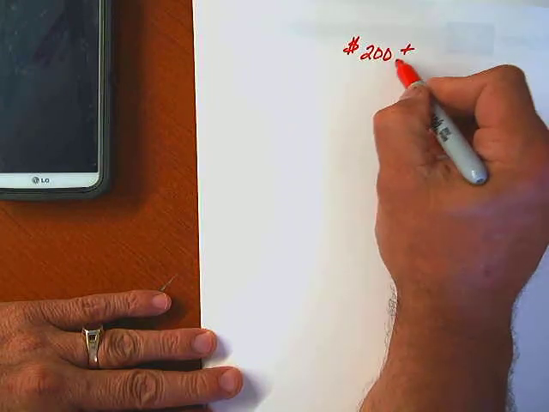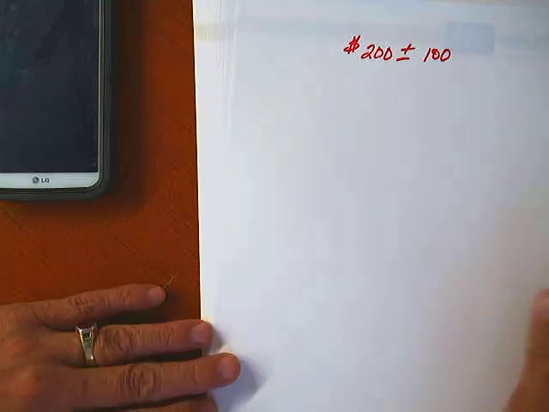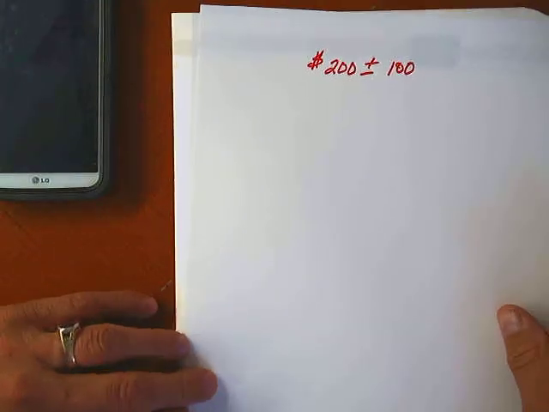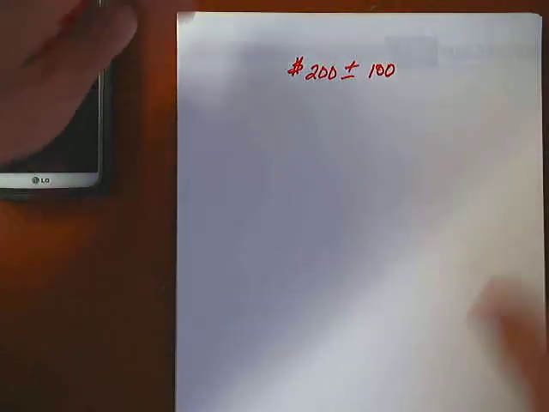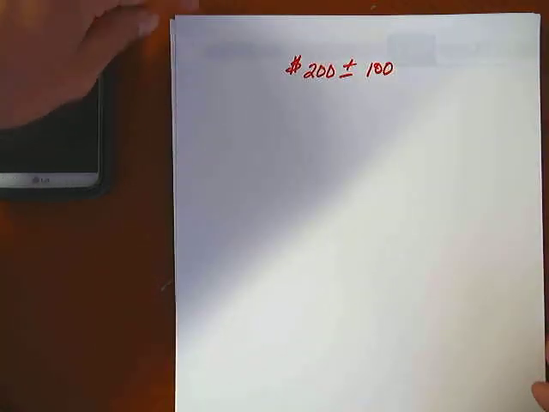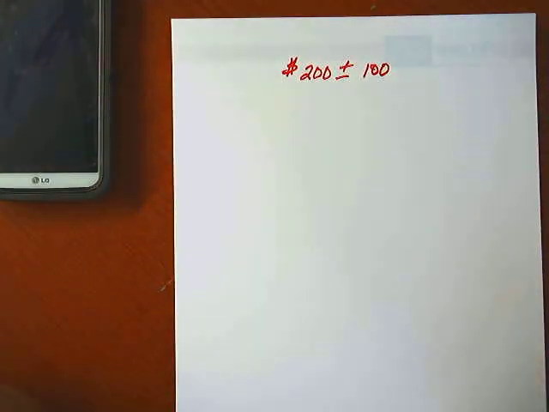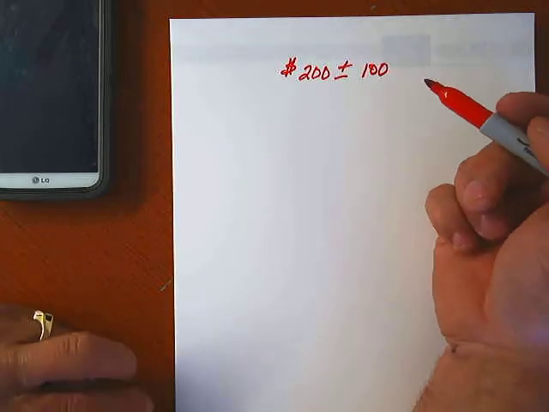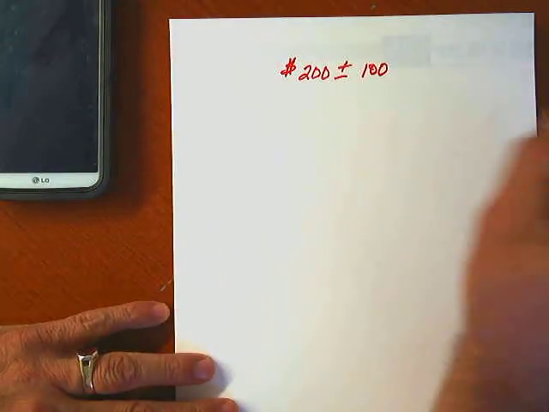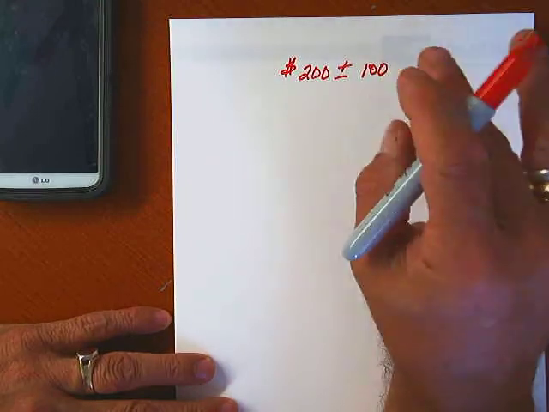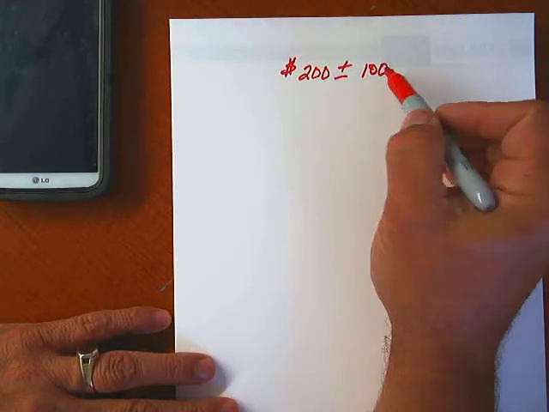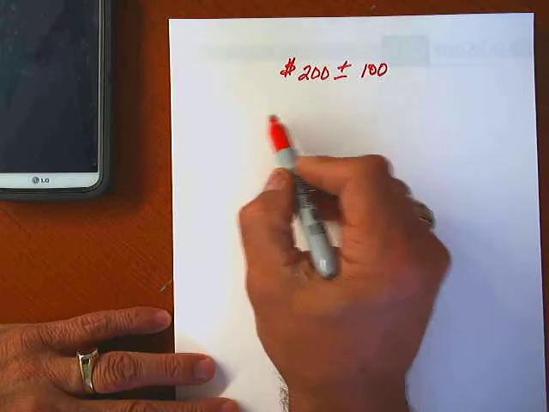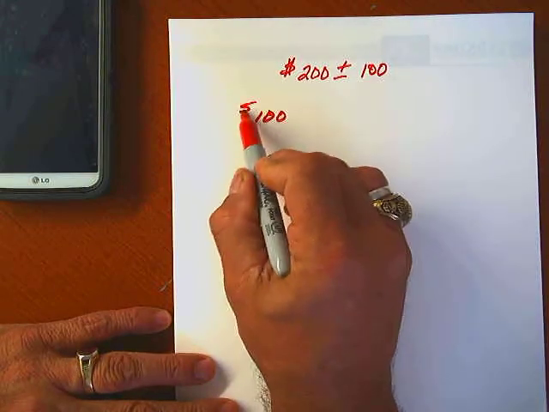I like to explain standard deviation as kind of an estimate. If I tell you that I can paint your bedroom for $200 plus or minus $100. Okay, that's kind of a far-fetched estimate. But what that means is I have a contingency of $100.